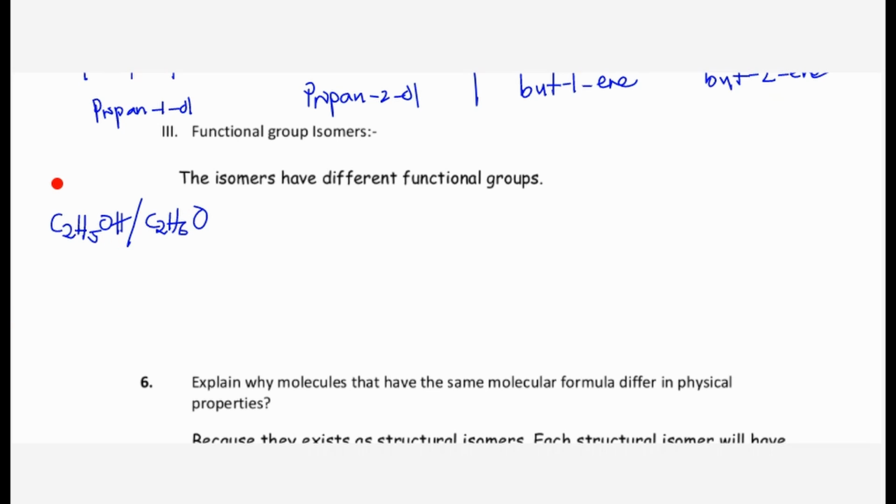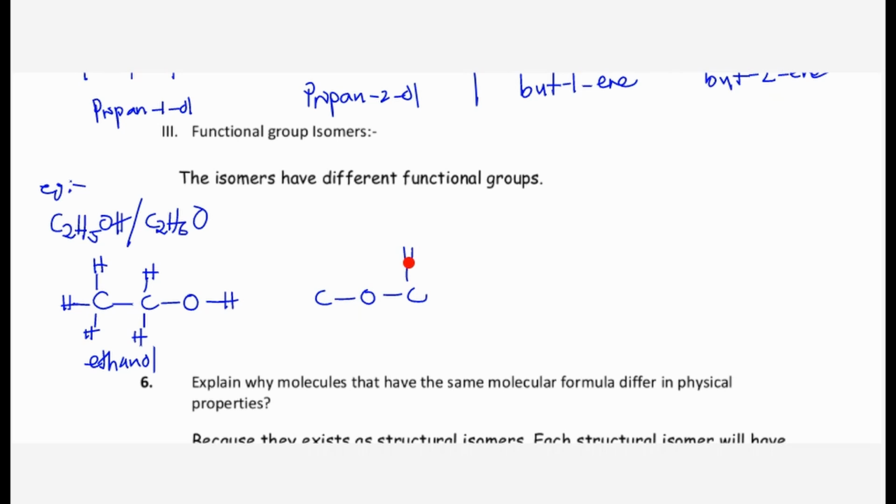I can write a structure which is an alcohol, ethanol, where the functional group is OH, and also I can draw a structure like this. Now look at this molecule. It's not an alcohol, but this has 2 carbons, 6 hydrogens, and oxygen. We don't get to name these molecules. These are actually ethers.